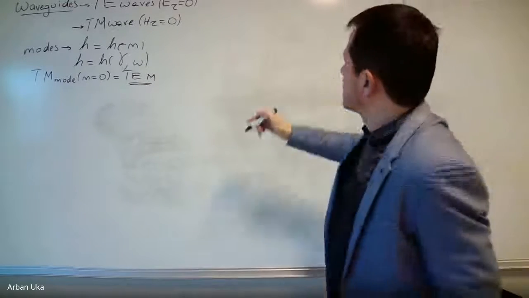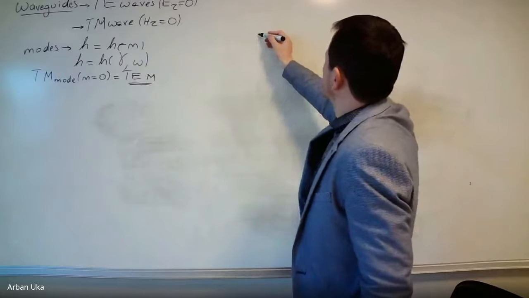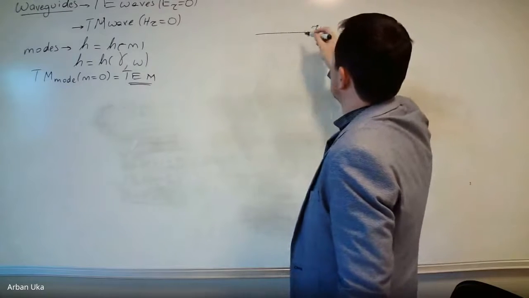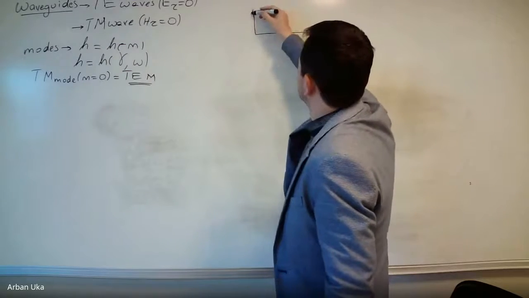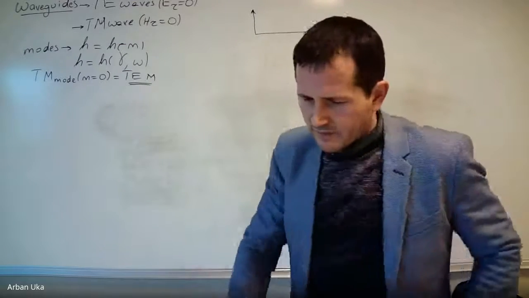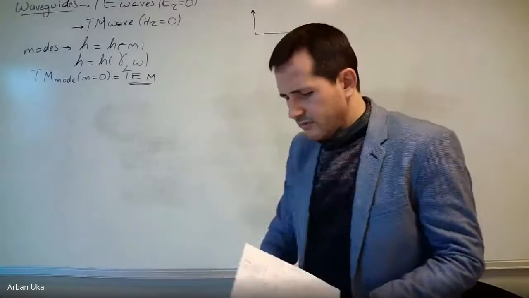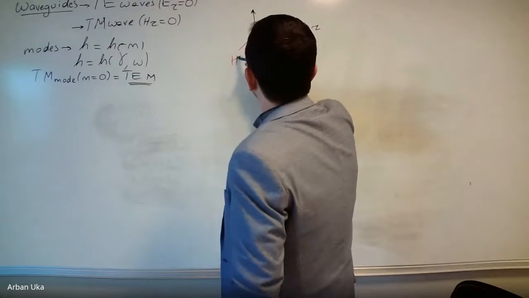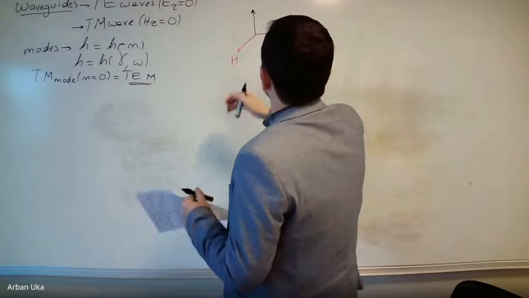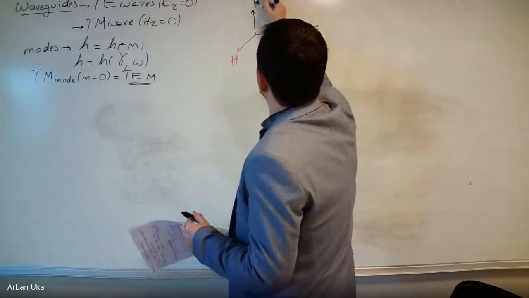This is the case when we have a propagation of the wave along z. The TEM includes an electric field which is lying here, and the magnetic field which is going to point like this. Then this is the electric field.